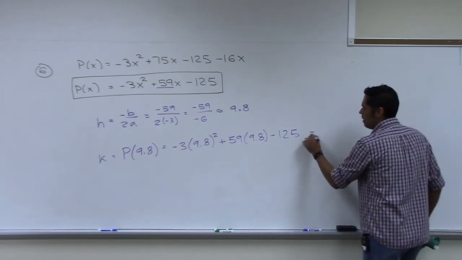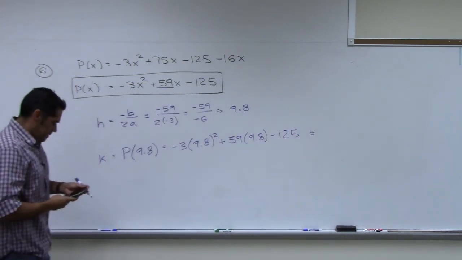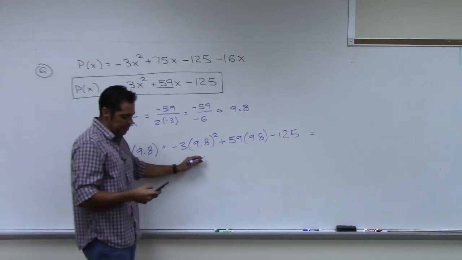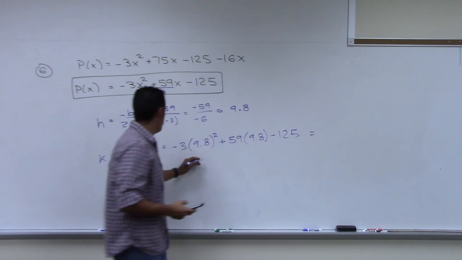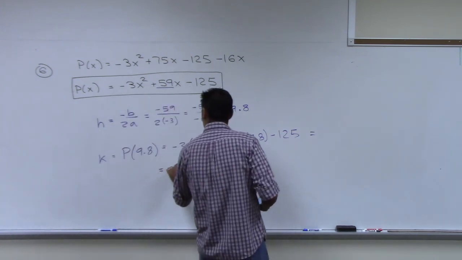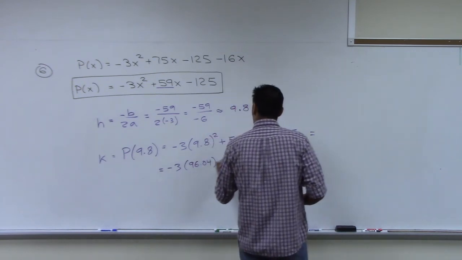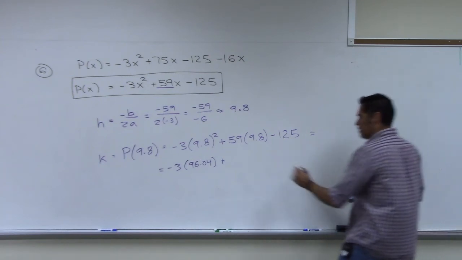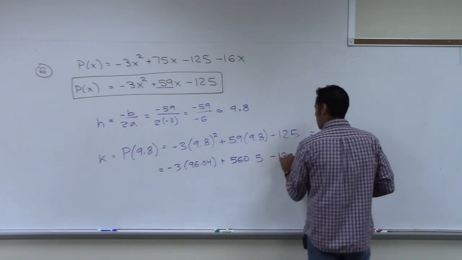All right, this seems like I should have brought my calculator, but I'm gonna go kind of slow through this. 9.8 squared, right? I have to do that. I hate this calculator. 96.04. Yeah, 96.04. So I'll do it under here. This is -3 times 96.04 plus, I'm going to do 59 times 9.8 is 560.5, and then minus 125.